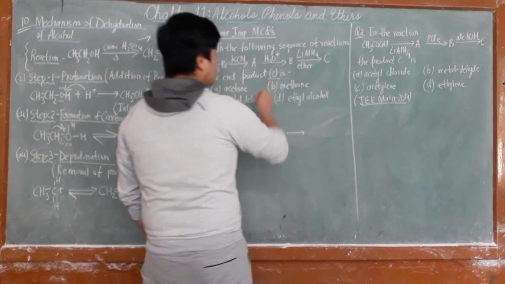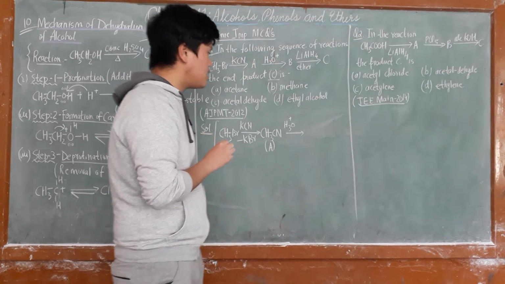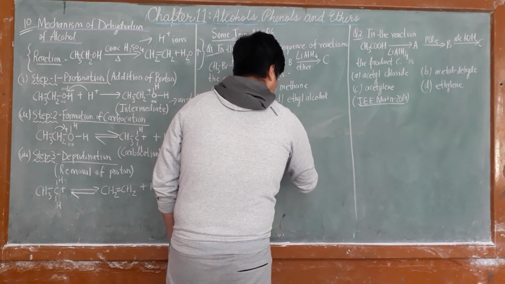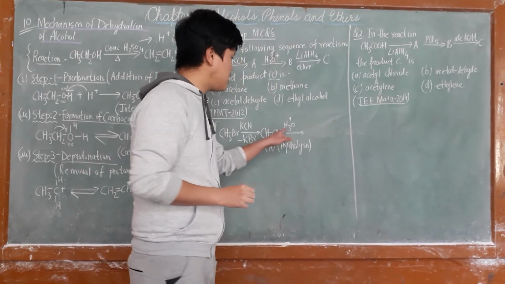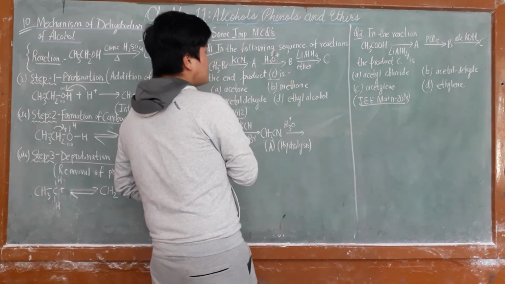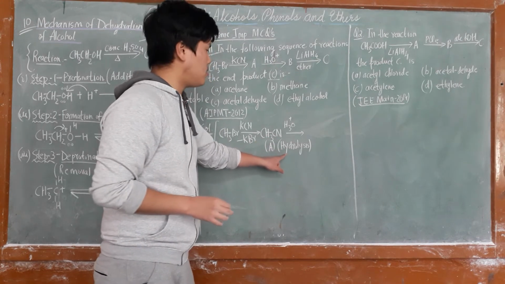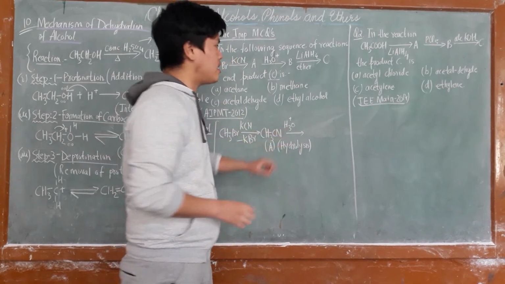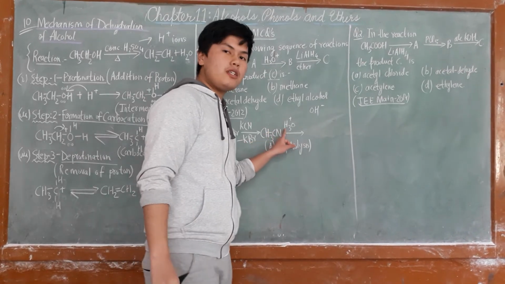Now moving on to the next one, that is H3O plus, your hydronium ion, and this is nothing but hydrolysis. Water is getting added in the presence of dilute H2SO4, so also H2O plus H plus, which symbolizes acid. Now remember, whenever you do hydrolysis with H3O plus, it is complete hydrolysis, whereas with just water it is incomplete hydrolysis.